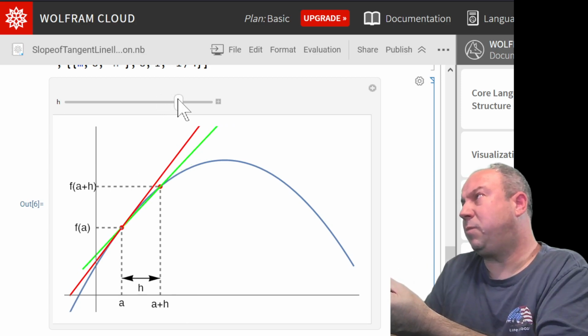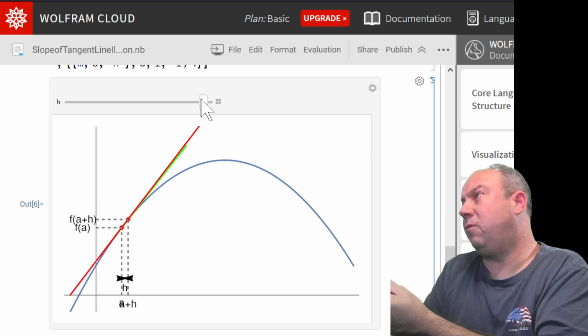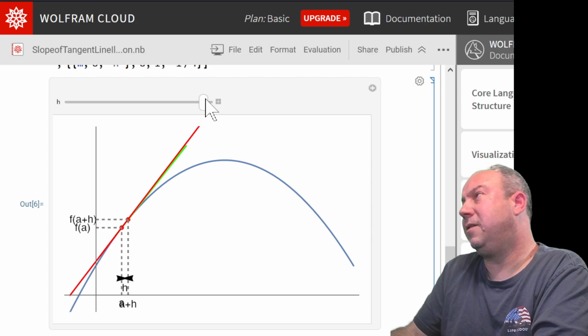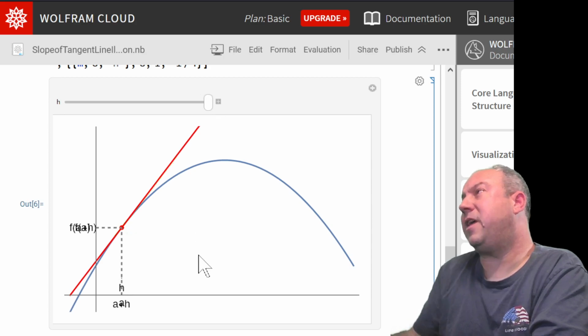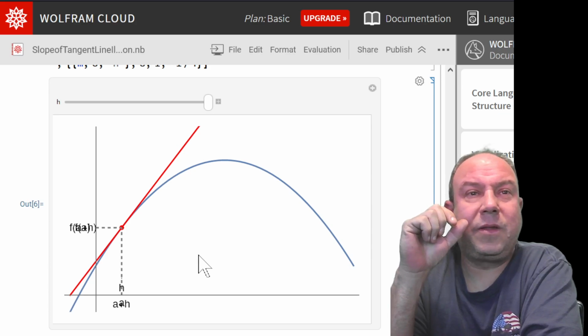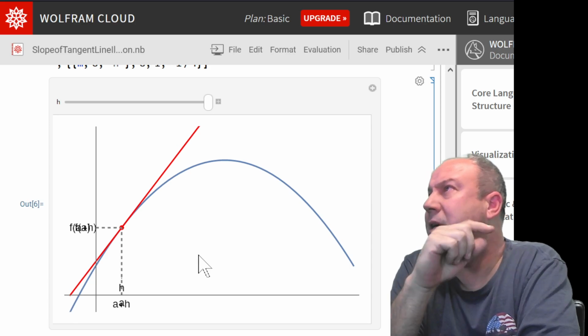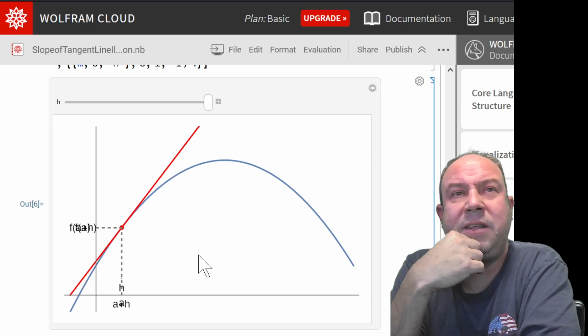They're almost becoming one and the same line as I get closer and closer. We're almost there. Just about. Right there, that h value is 0. And we no longer see the secant line because the secant line has transformed into the tangent.